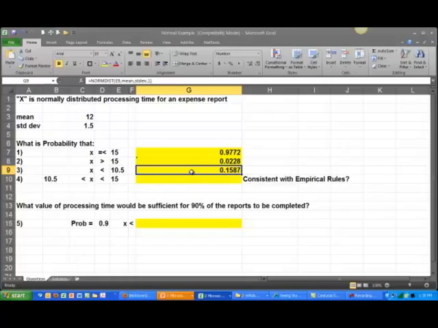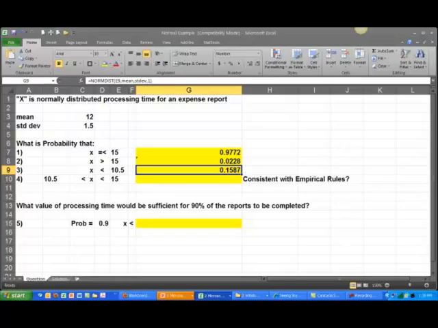And let me reinforce in a slightly different way. The difference between x is less than or equal to 10.5 and x is less than 10.5 is going to be the value of the probability of x being exactly equal to 10.5.